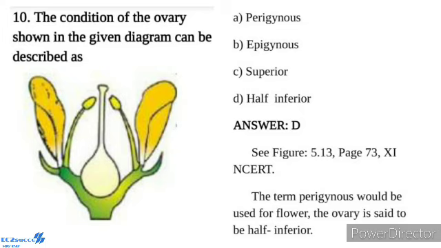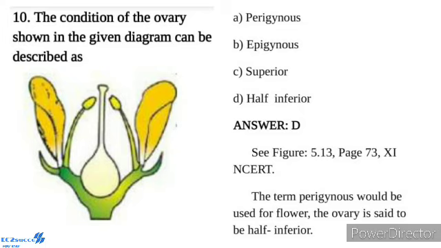In the hypogynous flower, the gynoecium occupies the highest position while the outer parts are situated below it. The ovary in such flowers is said to be superior. Example mustard, China rose and brinjal.